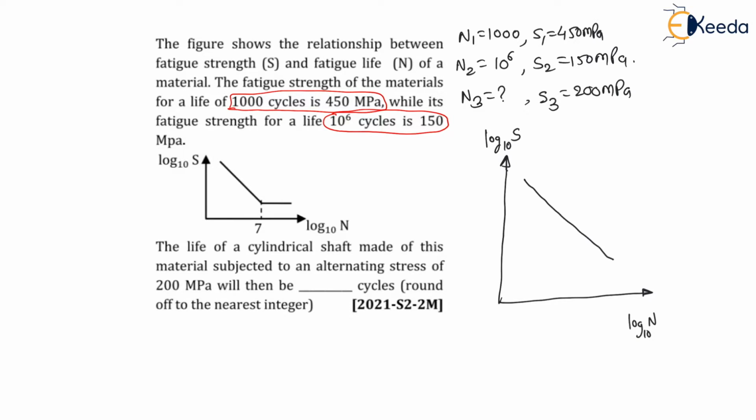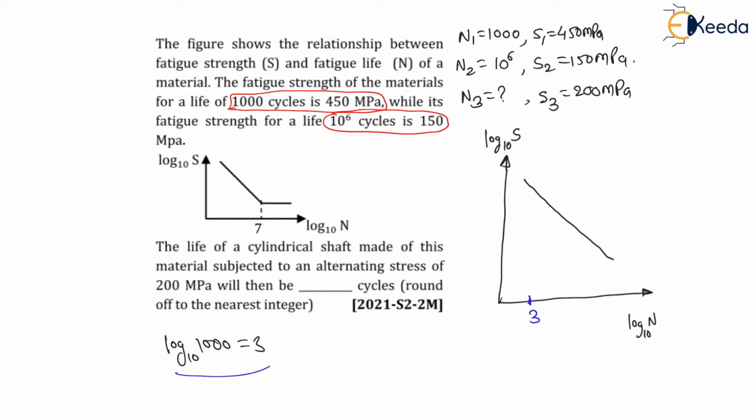Now my dear students, whenever N is equal to 1000, log10 of 1000 is nothing but 3. Therefore here we have to plot 3 on the x-axis. Let us say there is a point 3 somewhere here.